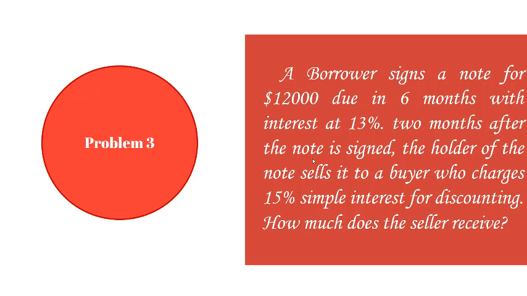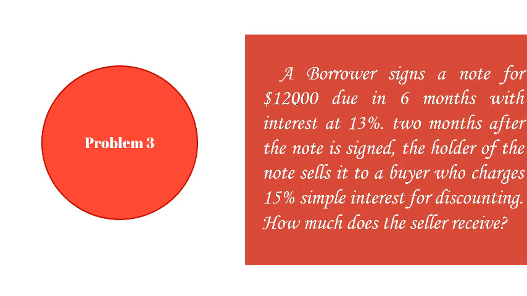How much does the seller receive? This note is an interest-bearing note. The $12,000 here represents B, and we need to get the future value for this amount after 6 months with 13%.